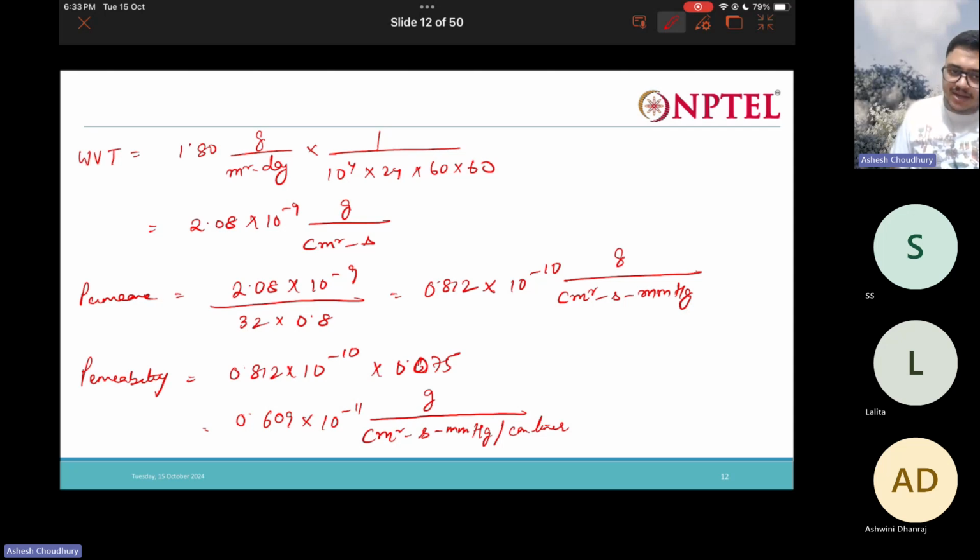Just converting the units. You do it yourself slowly one by one. You will see it's nothing. All the units we are converting one by one.